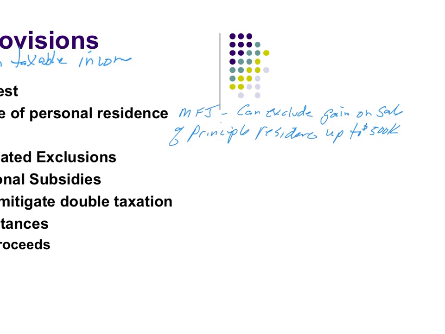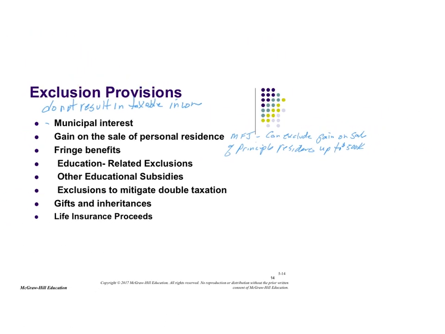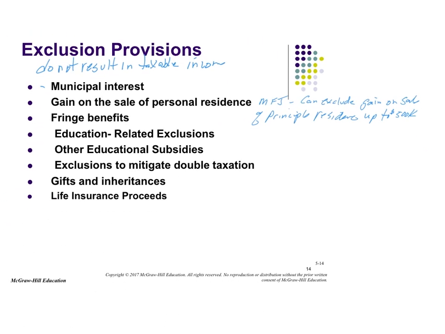All right. And there are a couple of things, right? You have to have lived in it for a certain period of time. Okay. But you can exclude the gain. Okay.